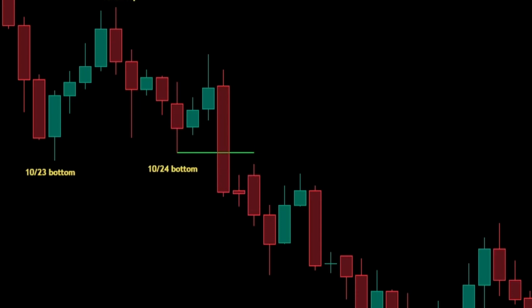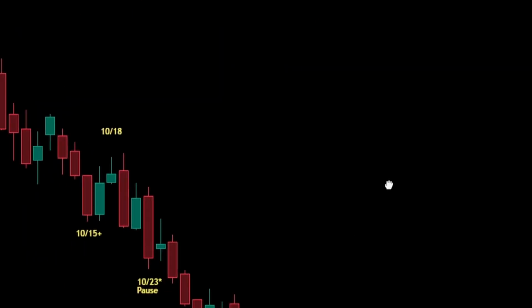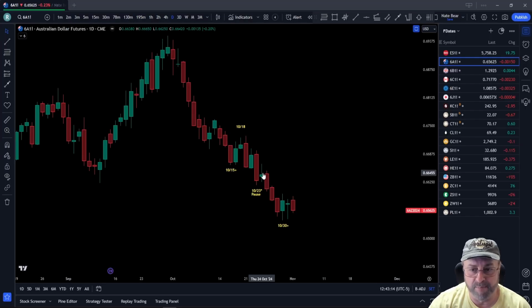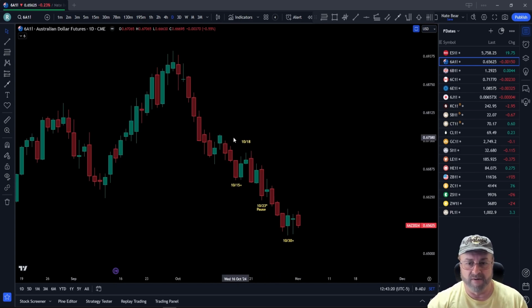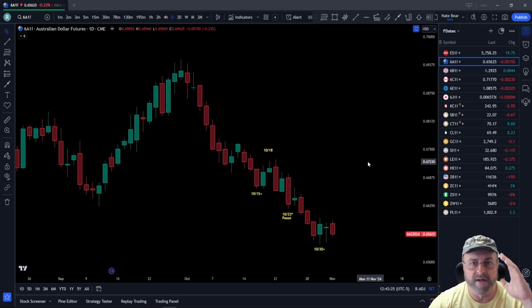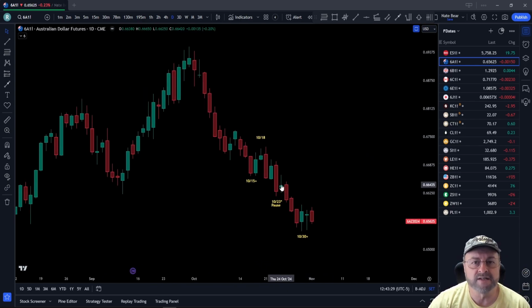Although we don't technically call it a swing top price bar because it's not sticking up like these are, like this one or this one or this one, which are really obvious. It still functioned the same way as the end of a correction and the resumption of the downward move.